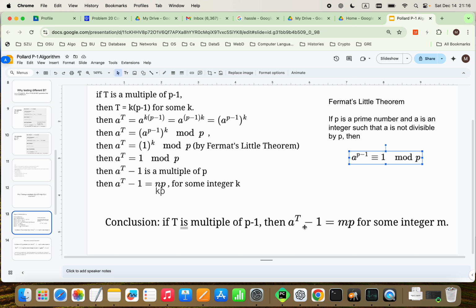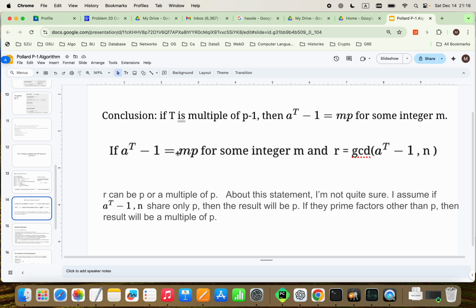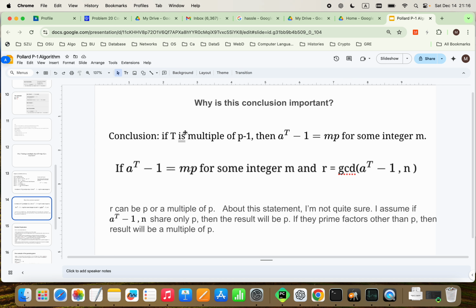If you have implemented the algorithm, you should know, because this same formula, this value, is used in the GCD with n. I'm going to explain here. So why is it important?